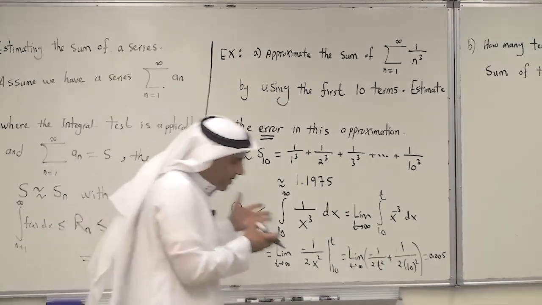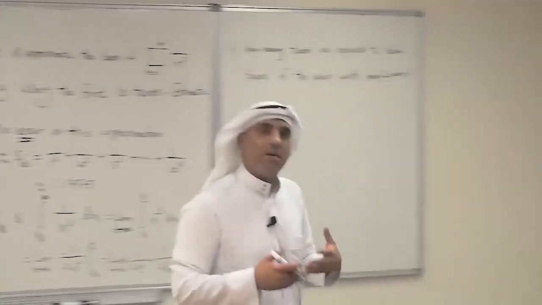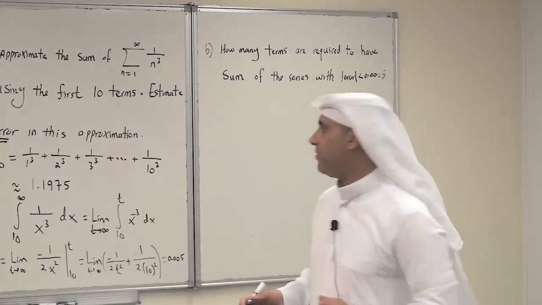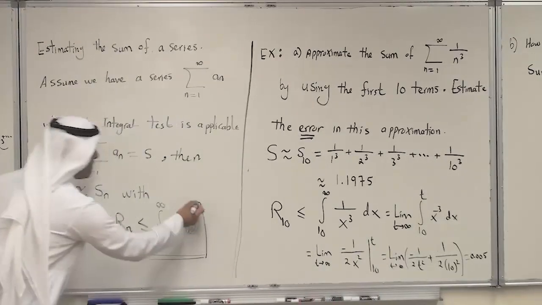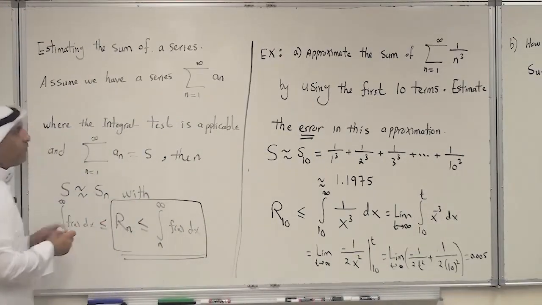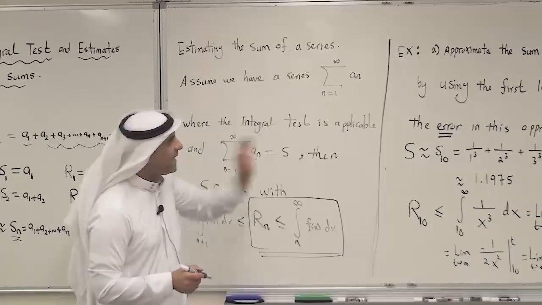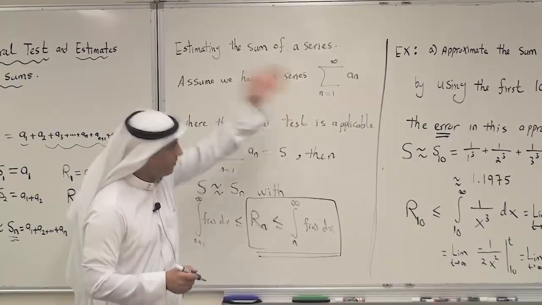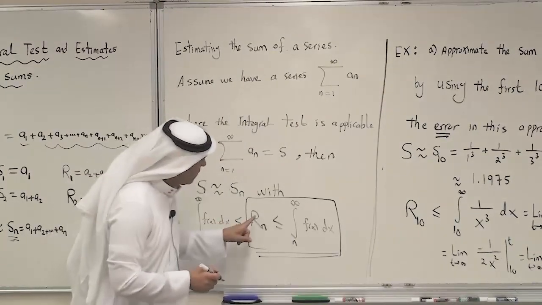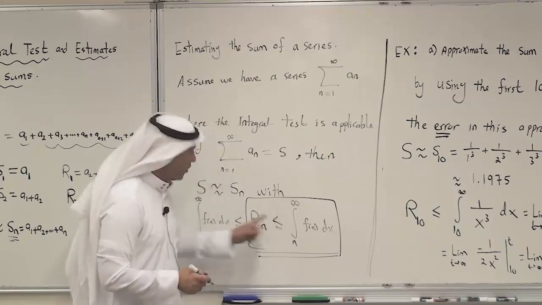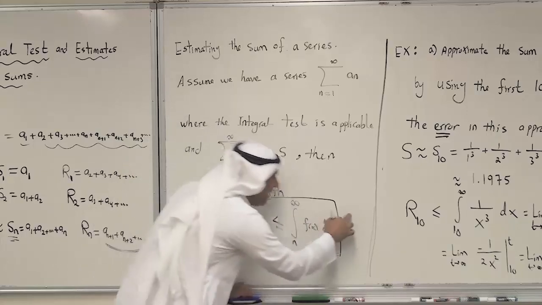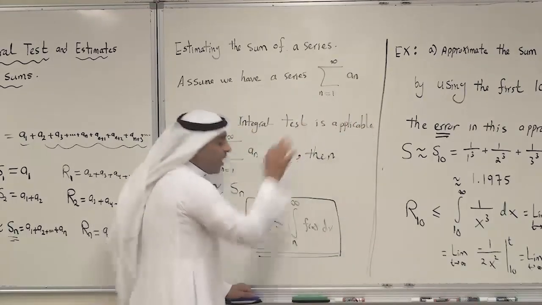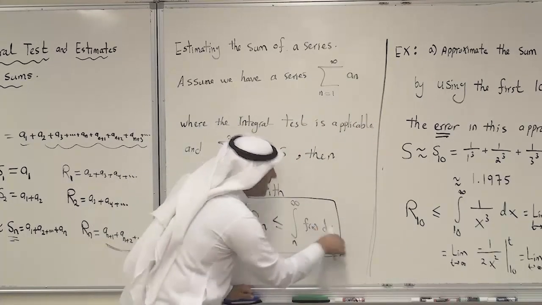So before we start, how do we know how many terms we need to add? The same formula will give us the answer, using this relationship here. If we need the error to be less than 0.0005, and we know that the error is less than or equal to this integral, we need to force this integral to be less than that number.